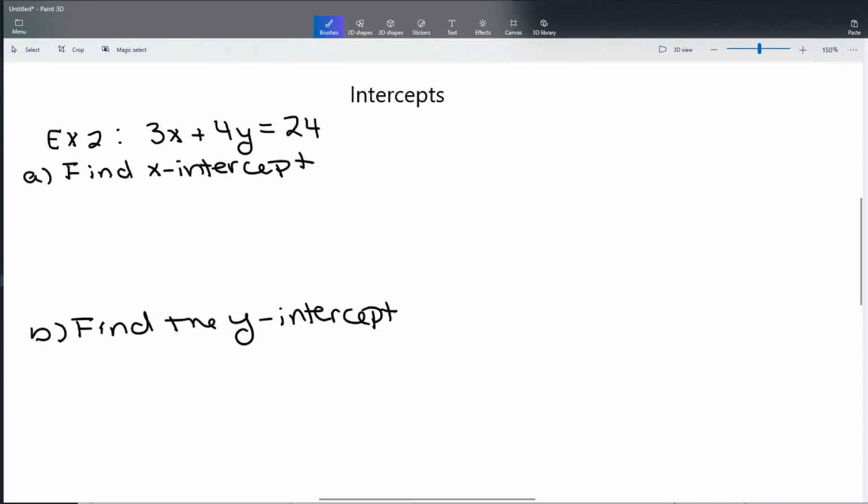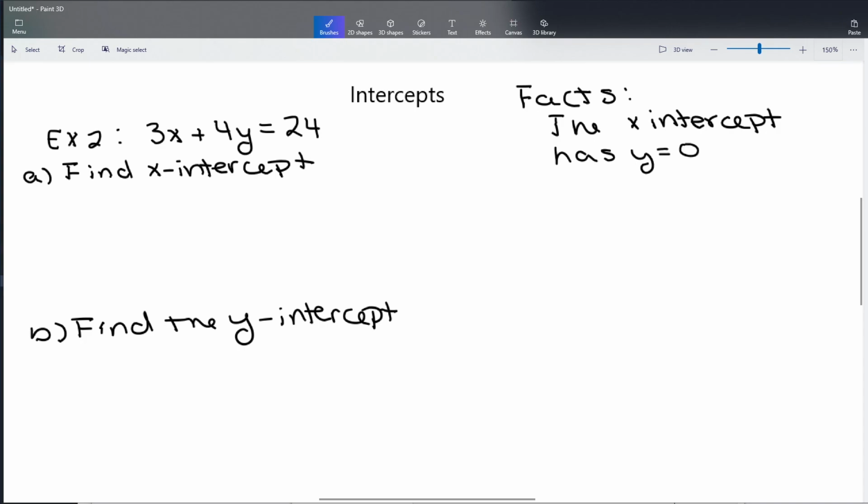The x-intercept is along that horizontal axis. So when we think about the points on that horizontal axis, any possible x-intercept is going to have the y value being 0. All those points along that axis have the y part being 0.